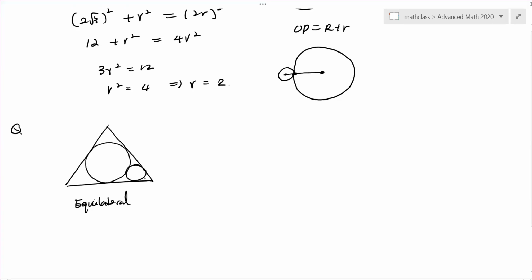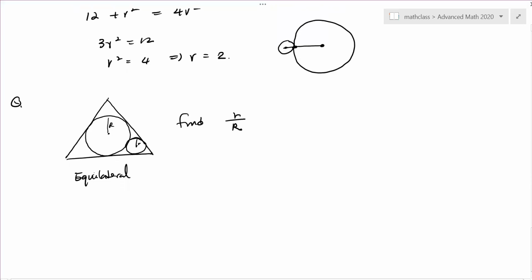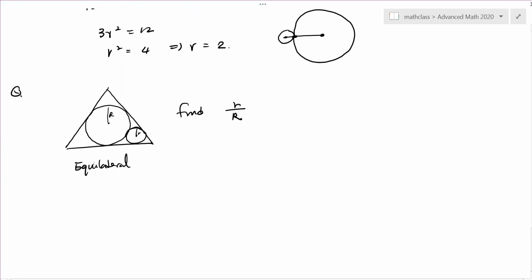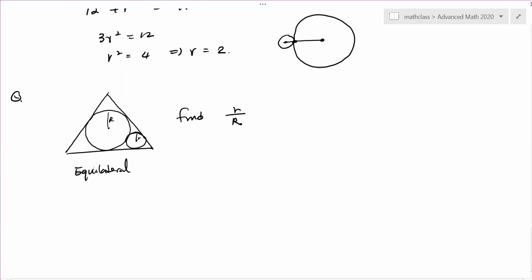Clear, right? The larger circle has a radius capital R. The smaller circle has a radius r. We want to find the ratio of them. You can scale this equilateral triangle, and the two circles change proportionally, so you are able to find the ratio of them.